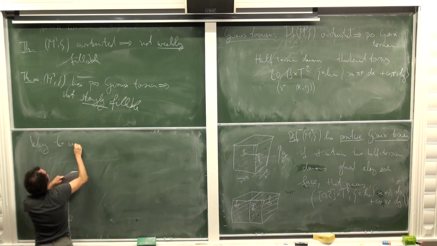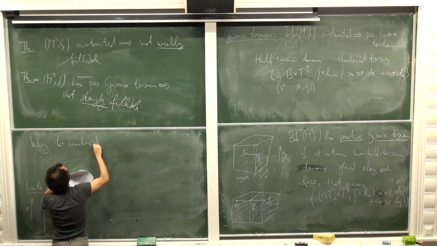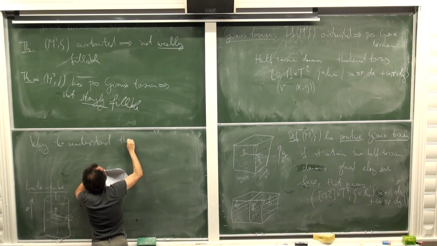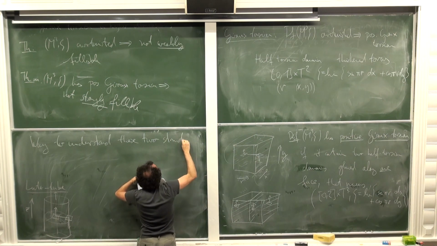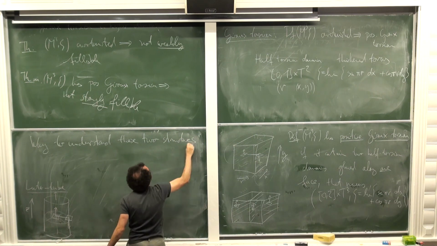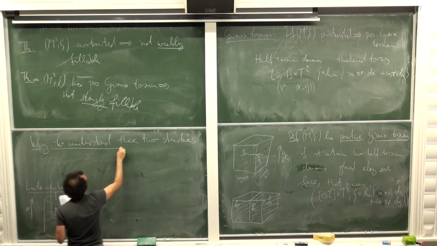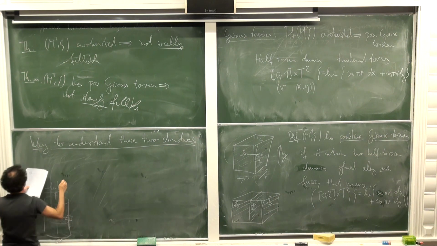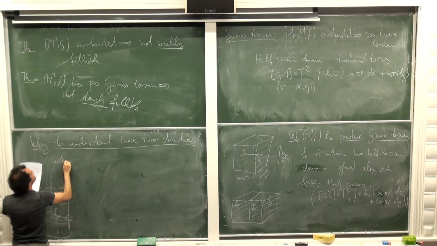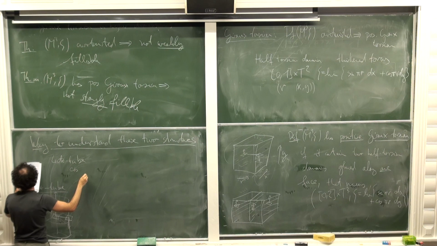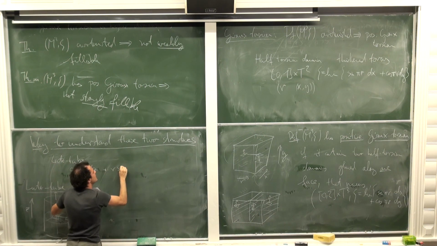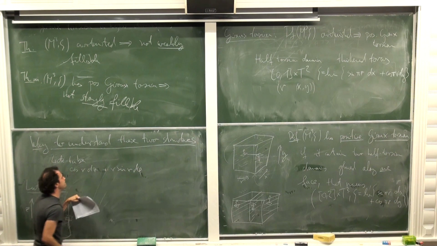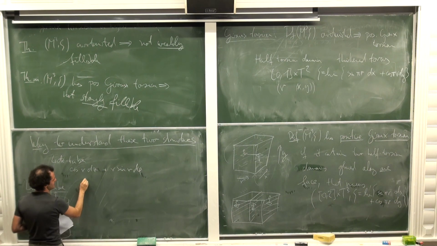So a way to understand these two structures: the Lutz tube was given like this: cosine phi, cosine r dz plus r sine r d phi. And this has S1 symmetry.